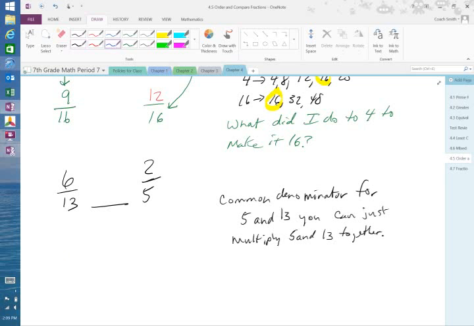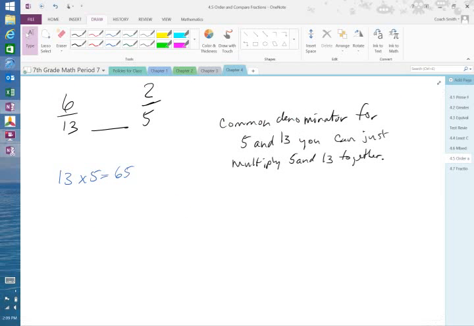So that means I'm taking 13 times 5. And what is 13 times 5? 65. So my common denominator is 65 for these two fractions.